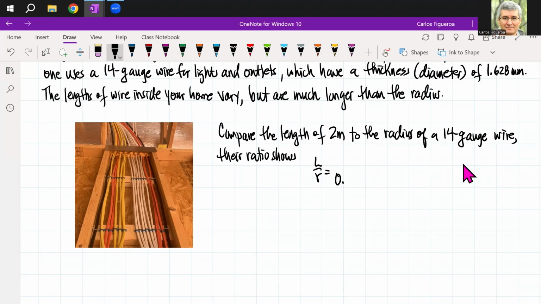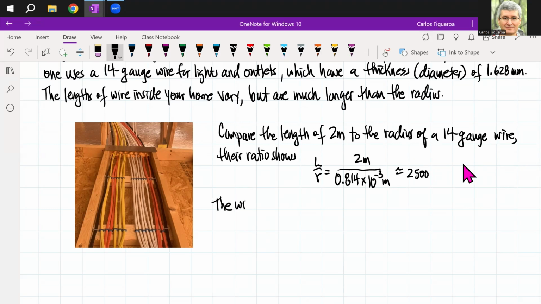So that's 0.814 times 10 to the minus 3 meters, compared to 2 meters. Guess what? That's 2,500 times larger. That is a lot larger.